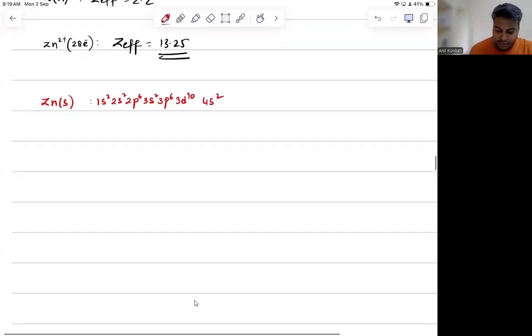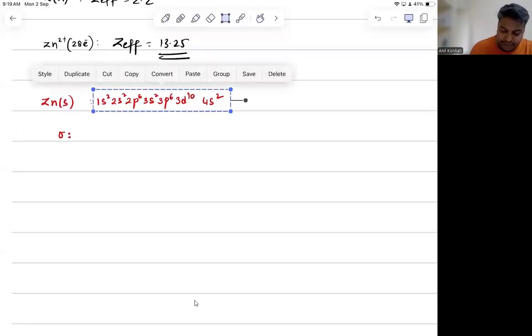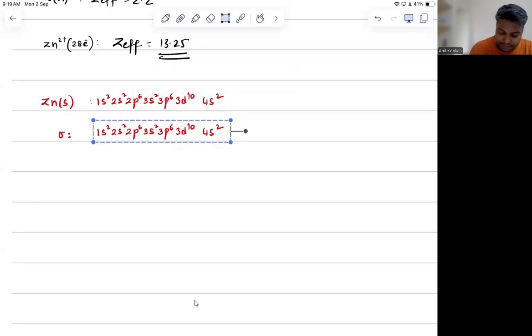Okay, this is the configuration, right? First, we'll calculate sigma with respect to 4s and sigma with respect to 3d. We'll see whether experimentally it is matching or not. So I'll put this as 4s1.